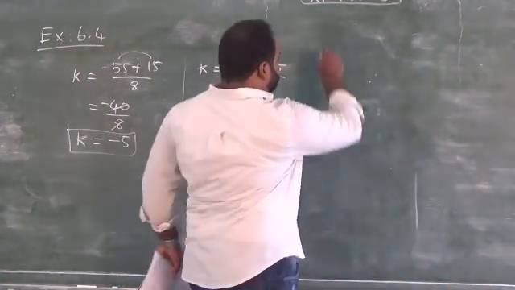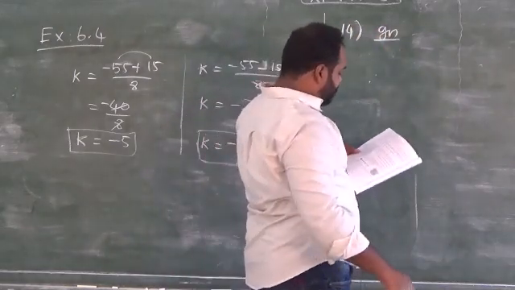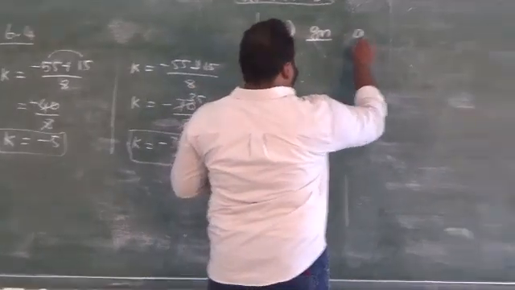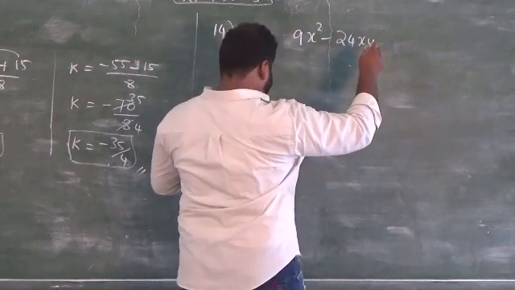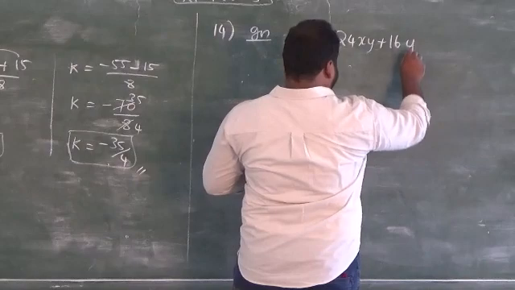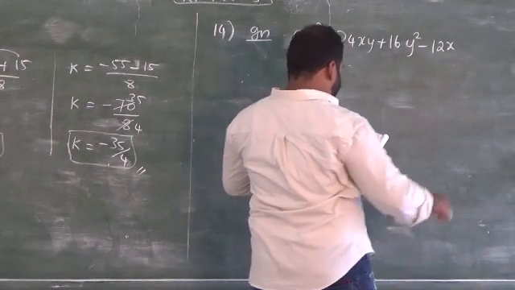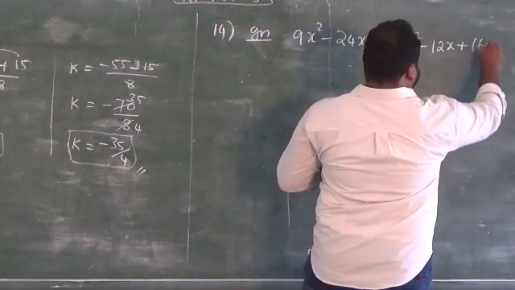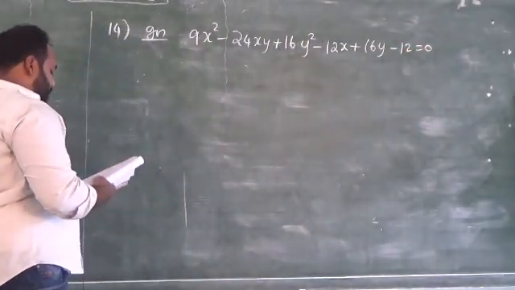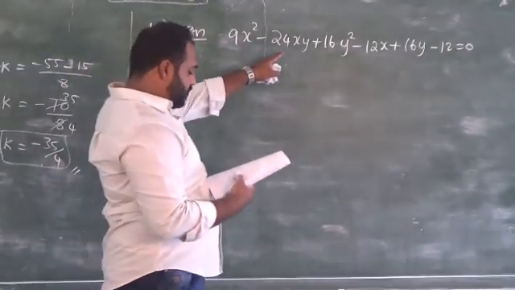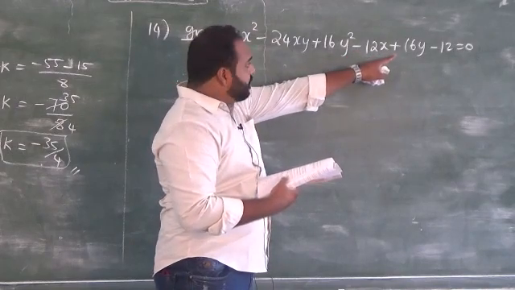The given equation is 9x square minus 24xy plus 16y square minus 12x plus 16y minus 12 equal to 0. This is the given line.